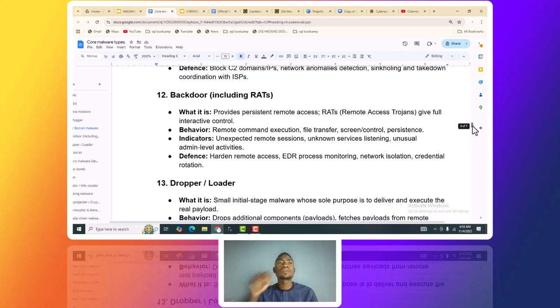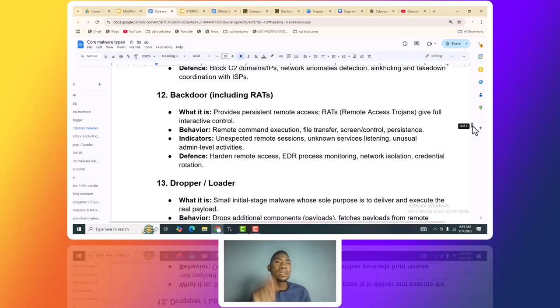When you have a backdoor in your system, it creates an opening for attackers to remotely control your devices. It becomes a threat whereby the attacker can sit anywhere and carry out any command on your devices. It also causes unexpected remote sessions, unknown services listening on our devices, or unusual admin-level activity. That shows there is a backdoor sitting on our devices, and we need to deal with it.